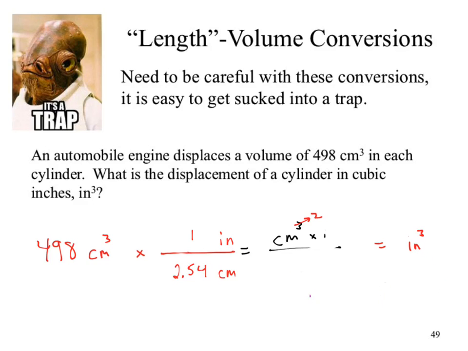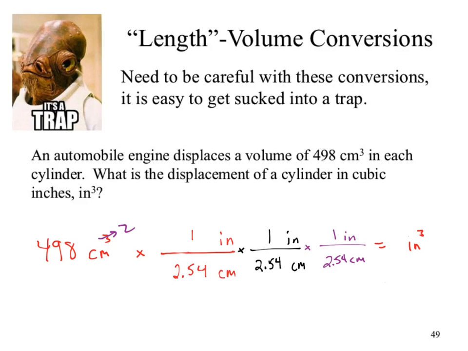If you don't want to use the shortcut of the cubed, is there another way to do this? Multiply it out. I can convert one of those centimeters cubed into inches, convert another one into inches, and convert the last one into inches. Now what happens?